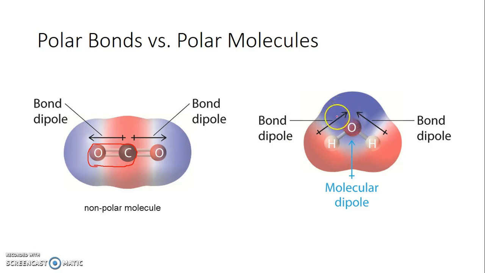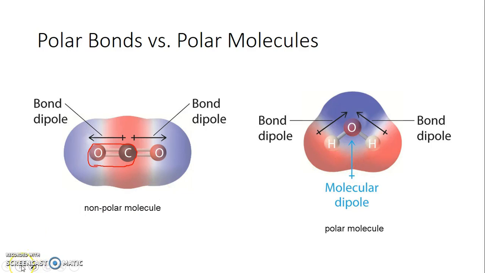In addition, you also have the two pairs of electrons up here. So this side of the molecule is negative, this side of the molecule is positive. So we would call this a polar molecule. And we say the molecule has a molecular dipole. That just means that there is a partial positive side and a partial negative side to the molecule.